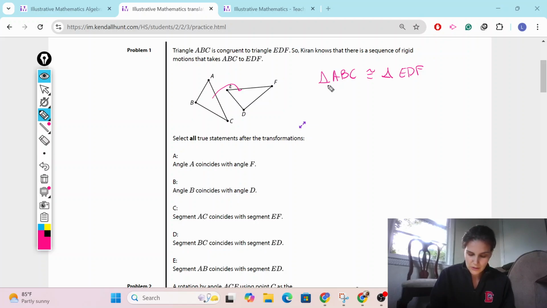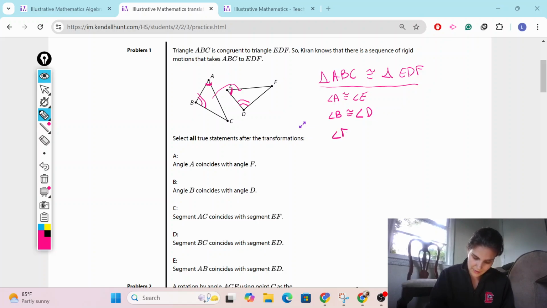Now, we're going to actually use this statement to help us note a few things. Do you see how A is in the first spot? That means angle A is congruent to angle E because it's corresponding. ABC corresponds to EDF. So A corresponds to E. Angle C corresponds to, and is therefore congruent to, angle D. So I'm going to make 2 marks right here.